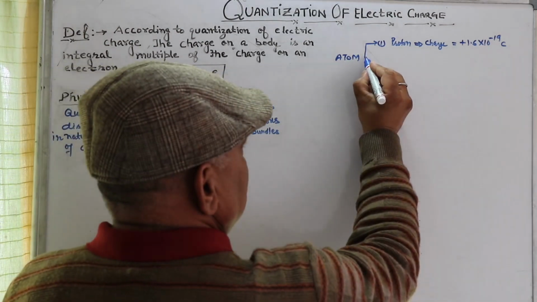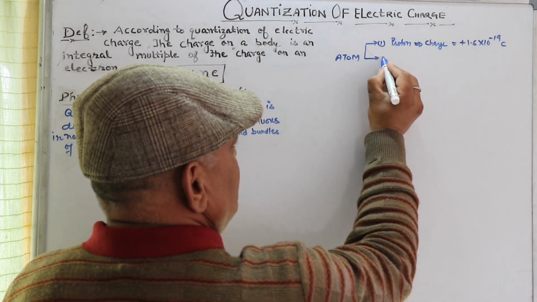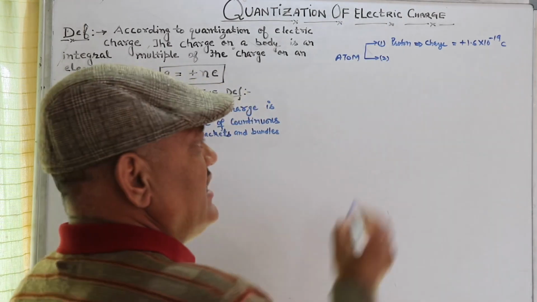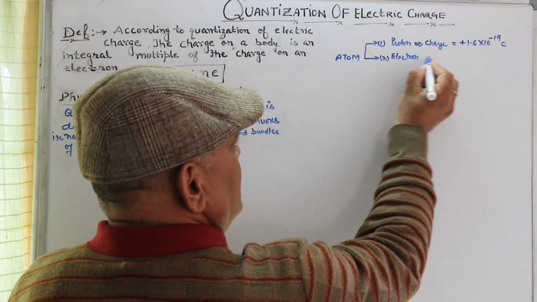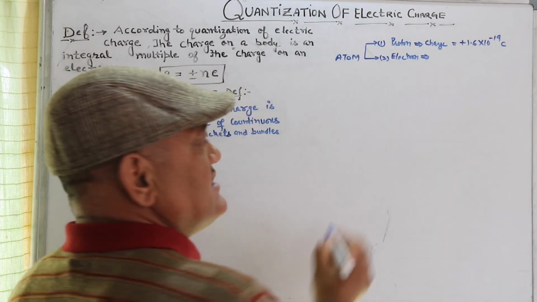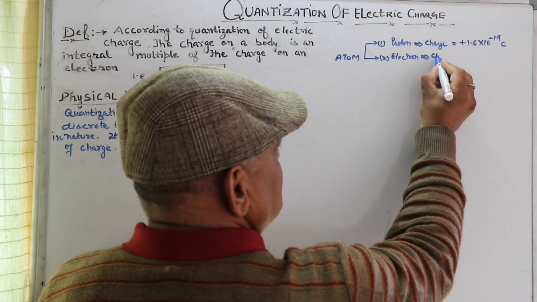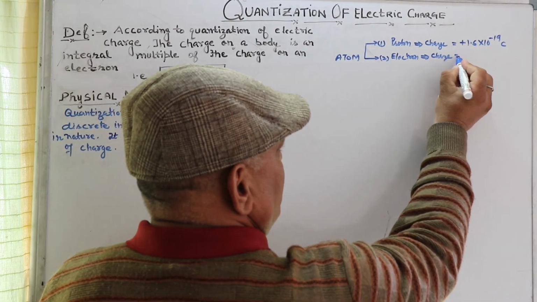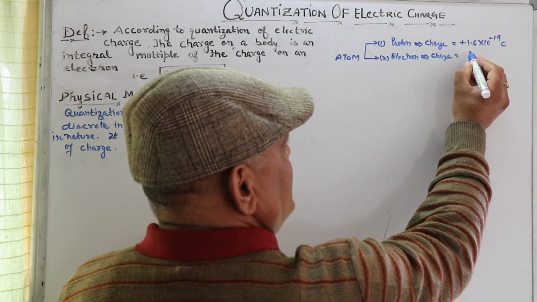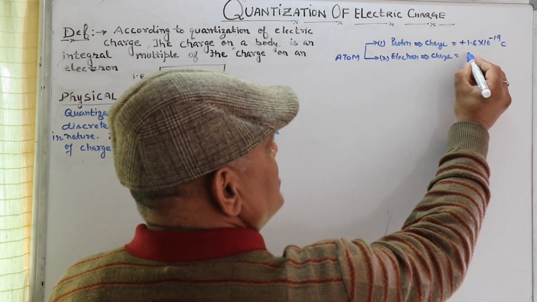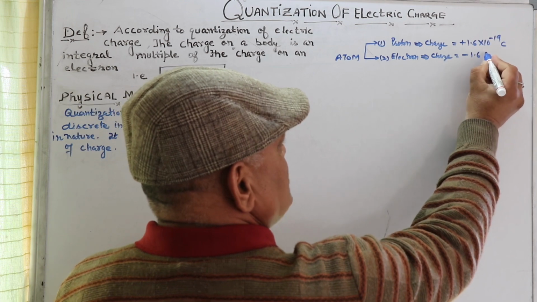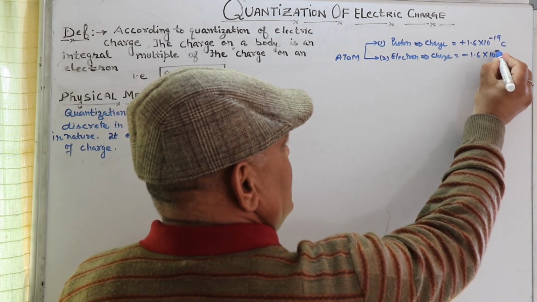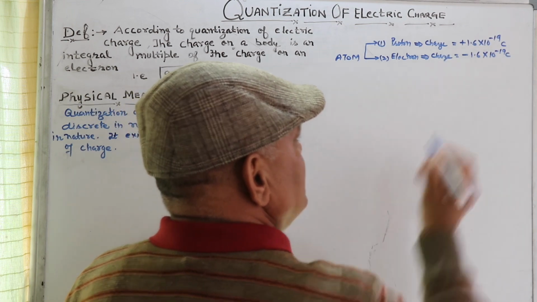And the second particle is the electron, and it also has charge, which is negative. Electron has negative charge, which is equal to minus 1.6 into 10 raised to power minus 19 coulomb.